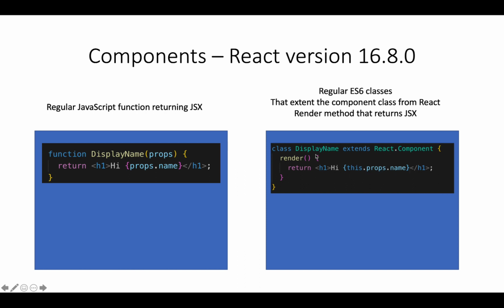So just remember this, it has to extend React.Component, it must have a render method, and then you can return any JSX that you like. In case of a functional component, there is nothing like render method or anything. A functional component, just like a normal function, accepts any arguments and it returns JSX similar to how a class component returns JSX.